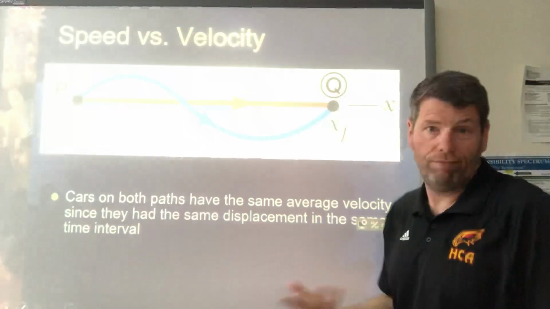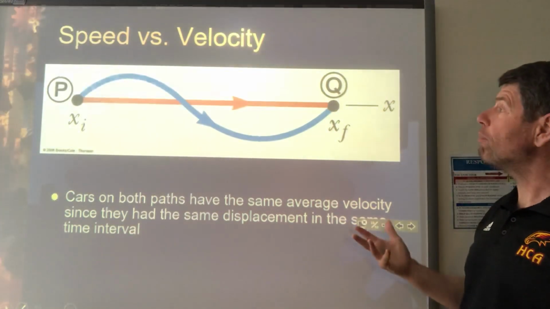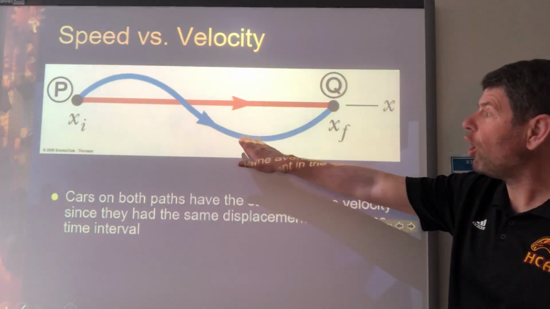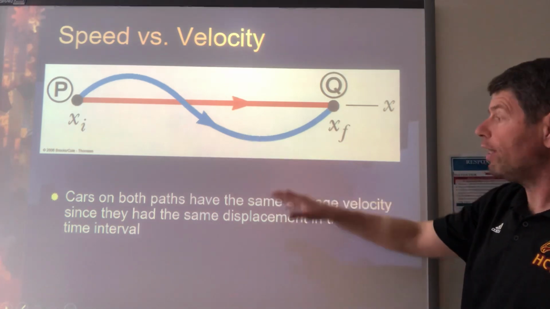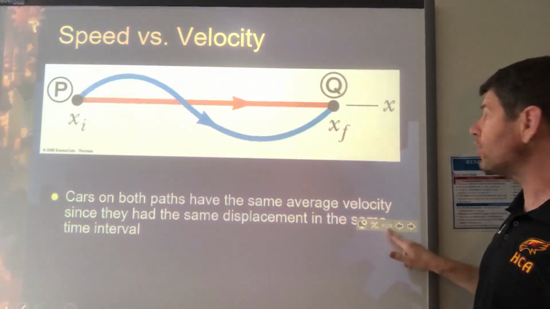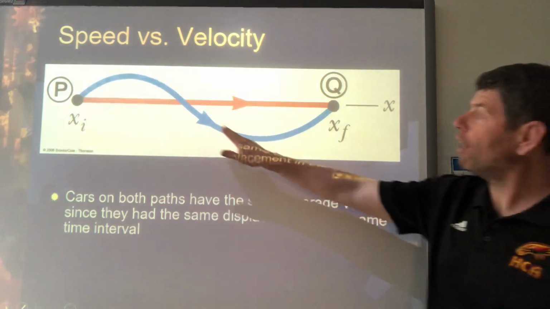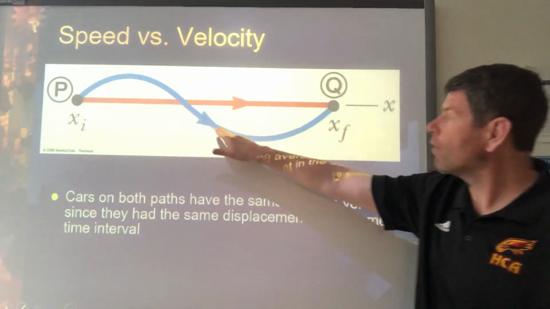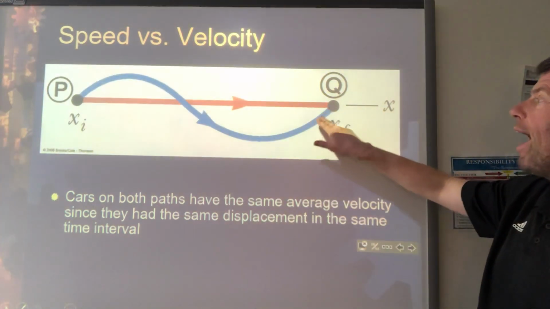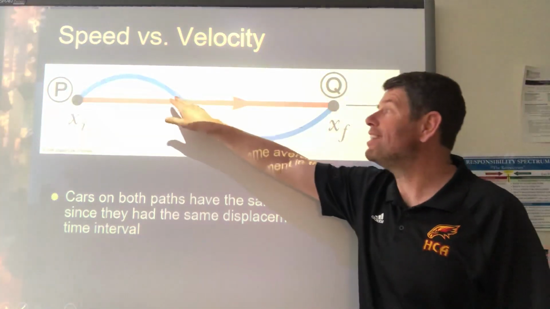Hopefully you can figure out which one's which. Let's assume they do it in exactly the same amount of time. But we can tell that the blue car covered a greater path. And remember, that would be its distance.